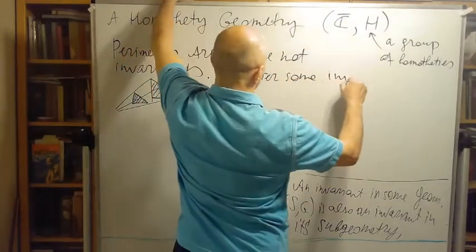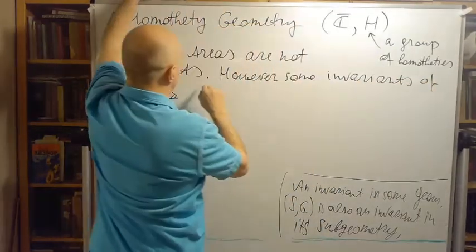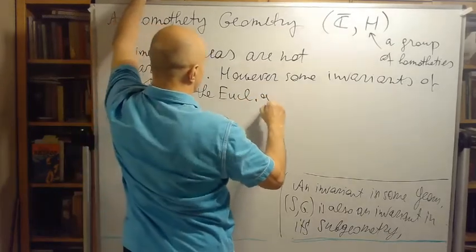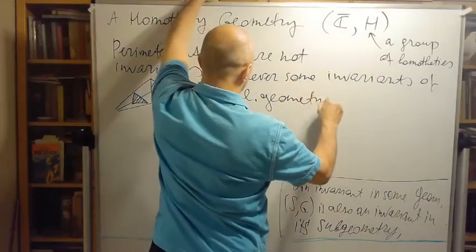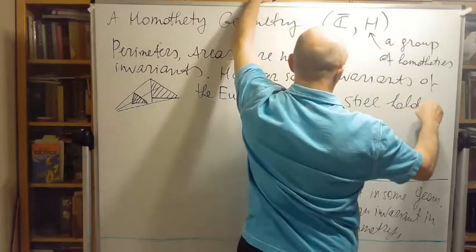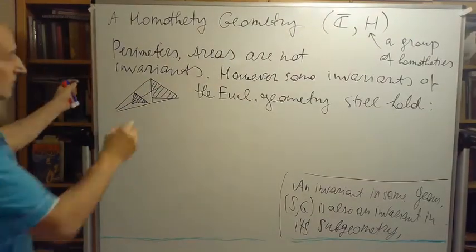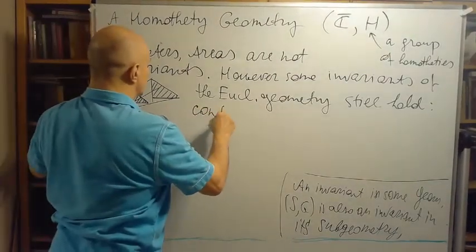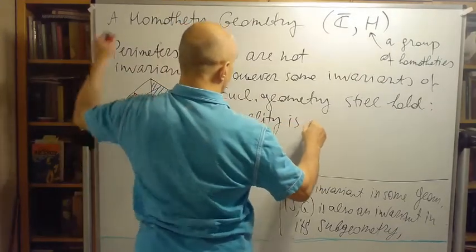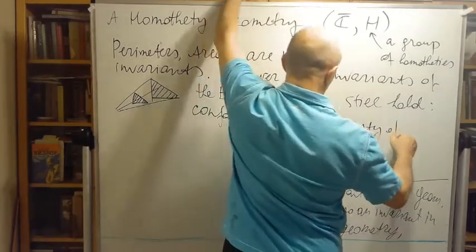some invariants of the Euclidean geometry still hold. Which invariants? Do you know which invariants? Conformality is a property of homotheties.